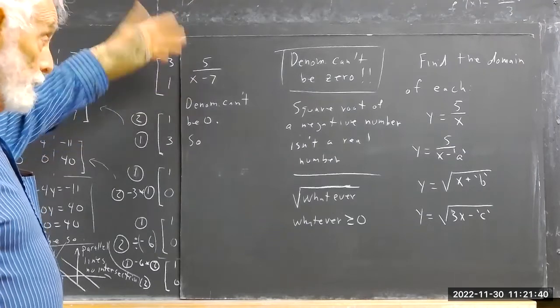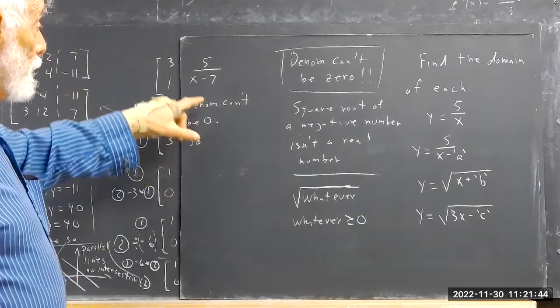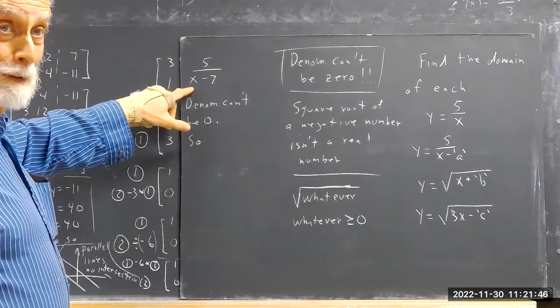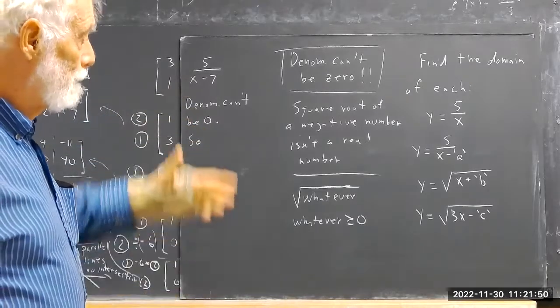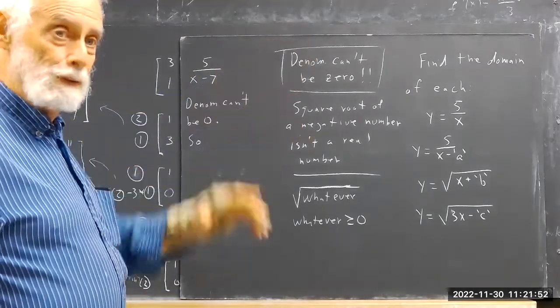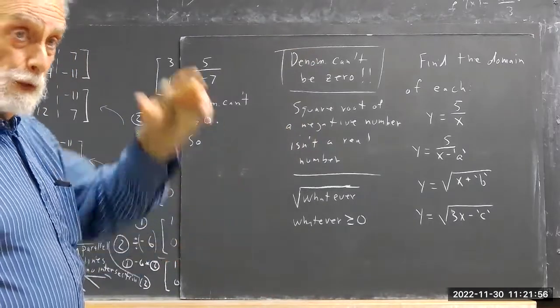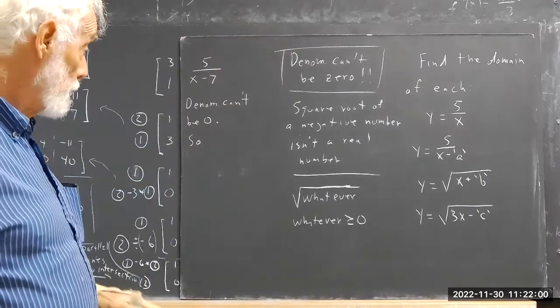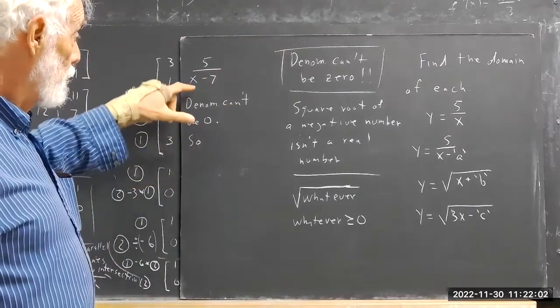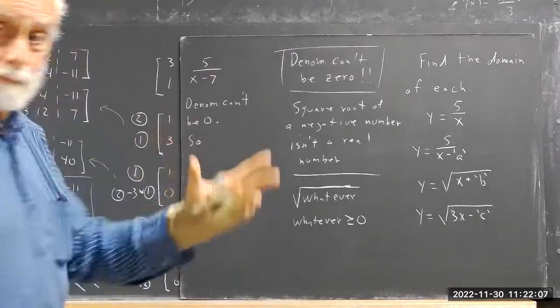Okay. Terminology might be thrown aside. When I say the denominator can't be 0, I assume you know what the denominator is. So let's be sure we understand that. When you have something divided by something else, the denominator is the thing you're dividing by. A fraction has a numerator and a denominator. So the denominator can't be 0. So what is it that can't be 0?